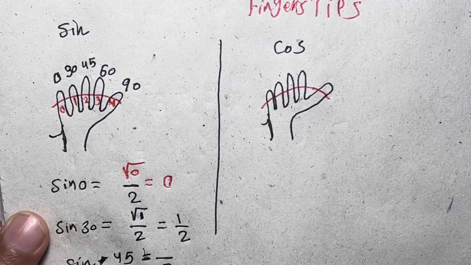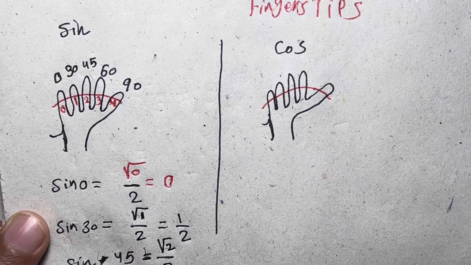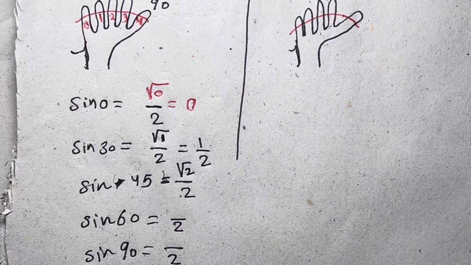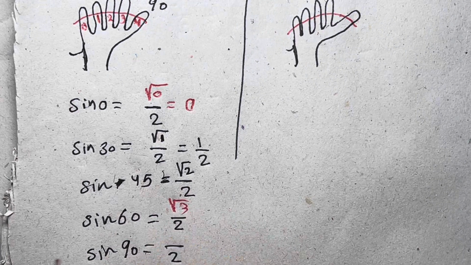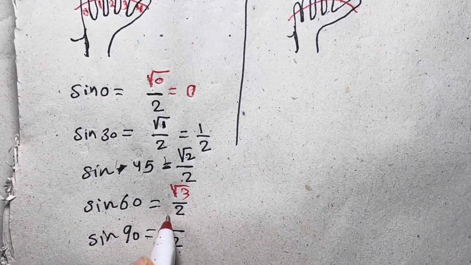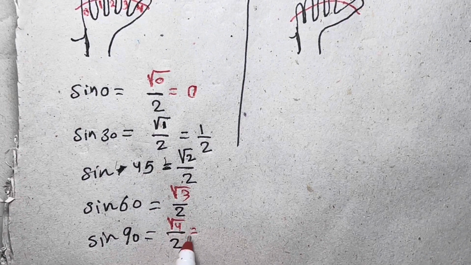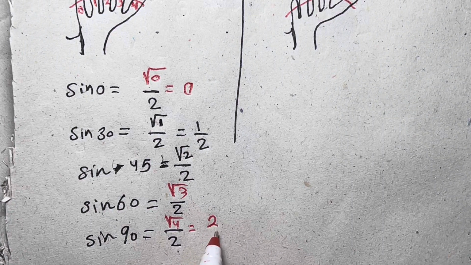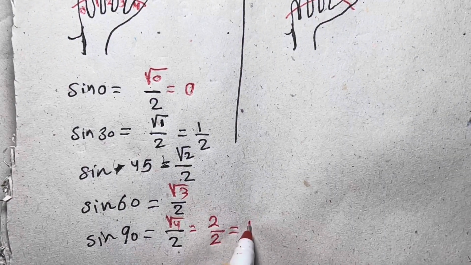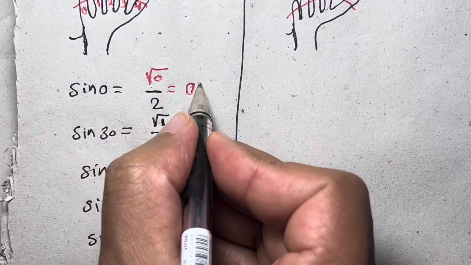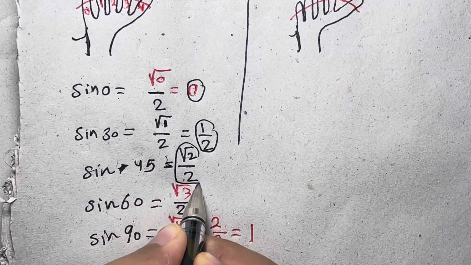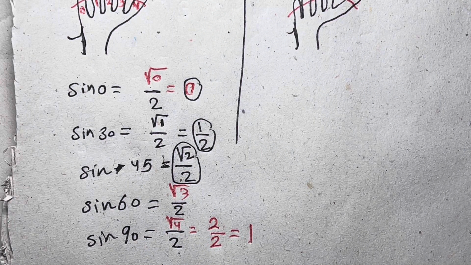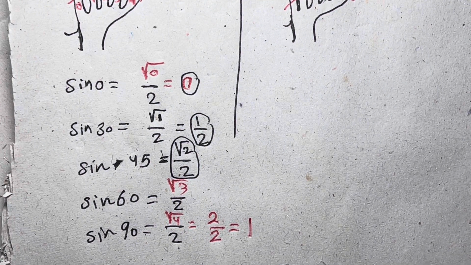For 45, it will be the root of 2 over 2. For 60, the square root of 3 over 2. And the last one, 90, the square root of 4, which is 2, and 2 divided by 2 is 1. So we already know sine 0 is 0, sine 30 is 1 over 2, sine 45 is root 2 over 2, sine 60 is root 3 over 2, and sine 90 is 1.